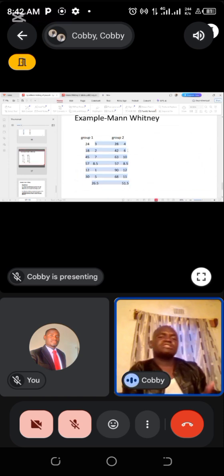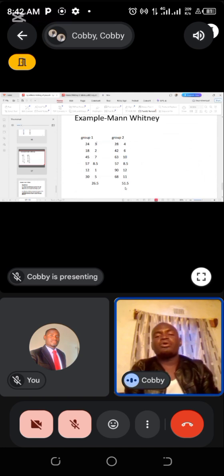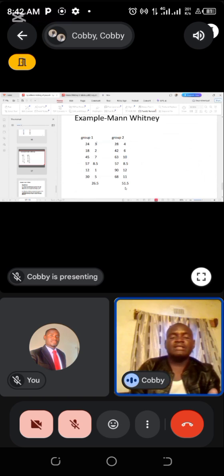When you sum the ranks for the first group, we are going to have 26.5, and when we sum the ranks for the second group, we are going to have 51.5. So these are the ranks. This is R1 and this is R2. We have R1 here and R2 this side. So we have found our values.